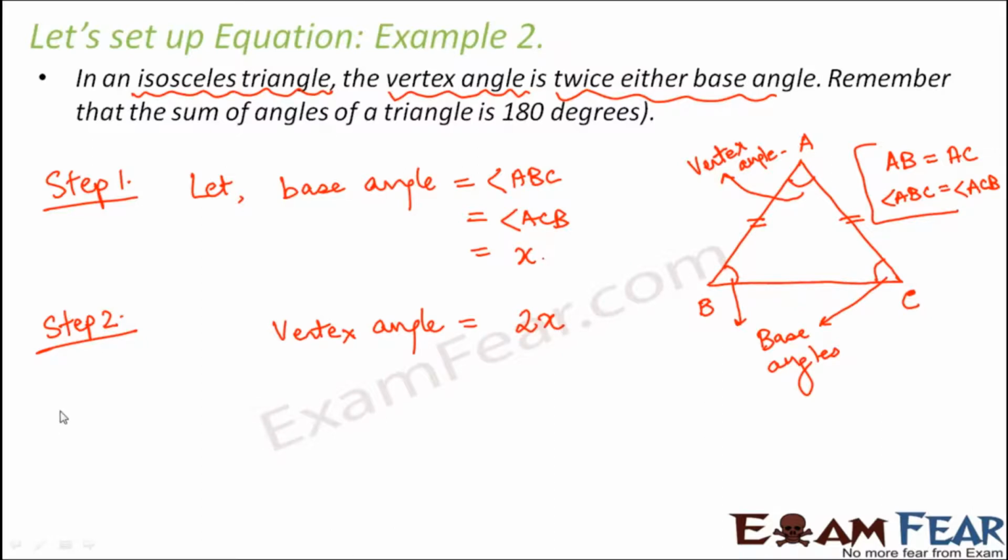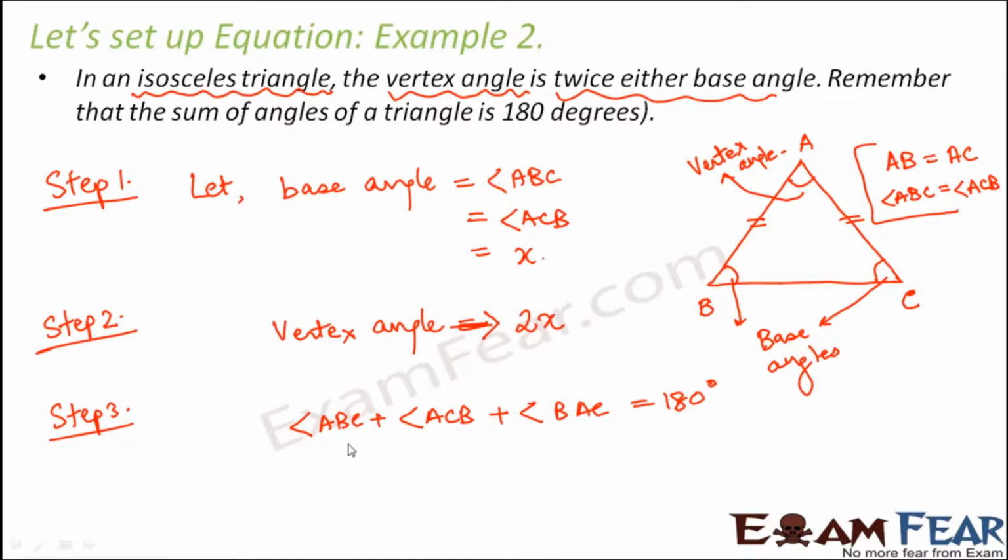Perfect. Now in the third step, what do we do? In step 3, we equate the expressions. So we have a vertex angle as 2x and we have a relationship that the sum of all the three angles of a triangle is 180 degrees. That means angle ABC plus angle ACB plus angle BAC is equal to 180 degrees. This is something that we know by properties of a triangle.